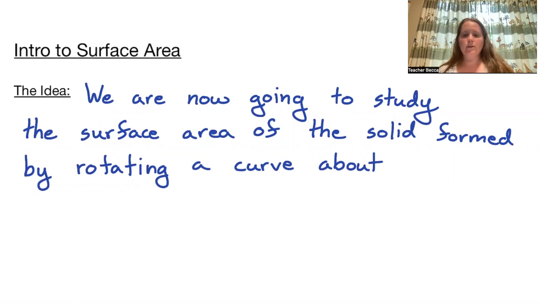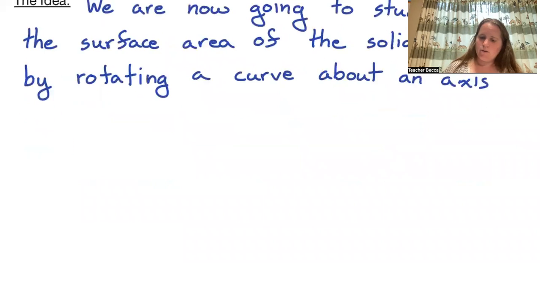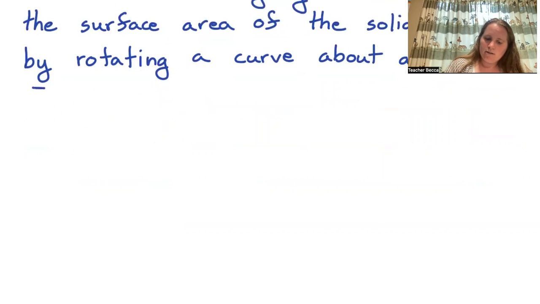So we are going to focus on the X and Y axis. So focusing on the X and Y axis, let's just go ahead and split into our two cases.